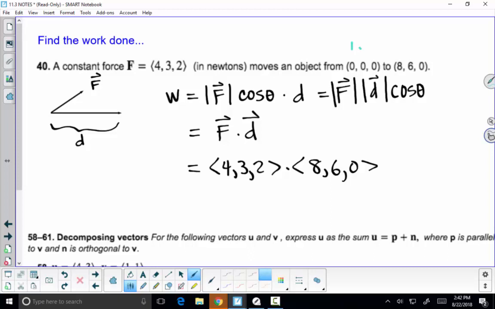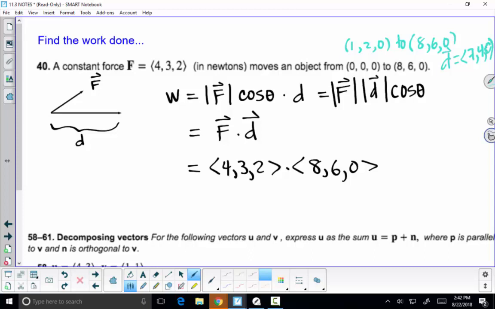If this was the point 1, 2, 0, and we went this way instead, just to be clear, then our displacement vector here would be 7, 4, 0.